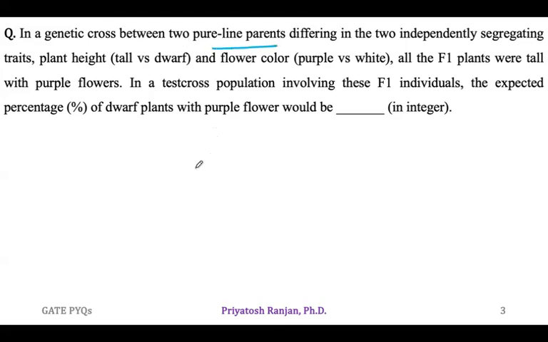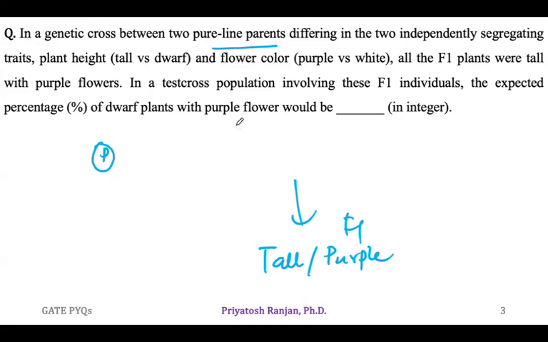Pure line parents are homozygous for a particular trait. And the F1 progeny given here has the phenotype tall with purple flowers. And as I said, the parental generation are pure line parents, which means these are homozygous for a particular trait. And the cross is between two independently segregating traits.